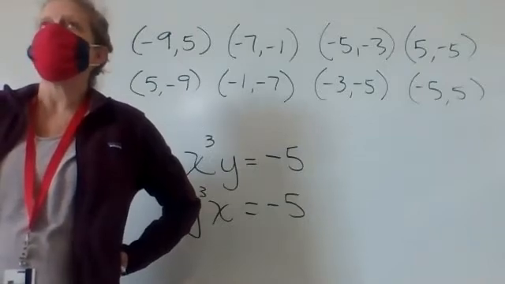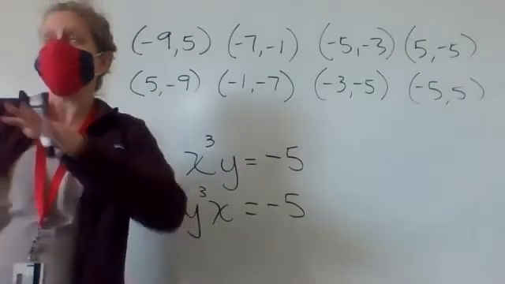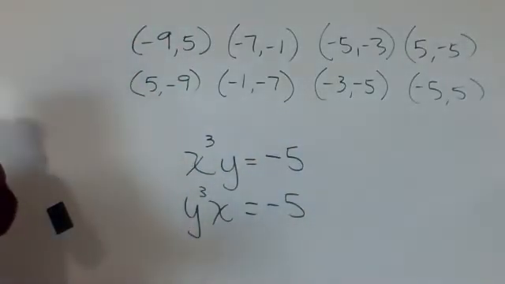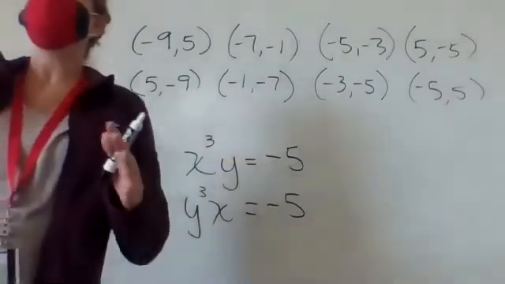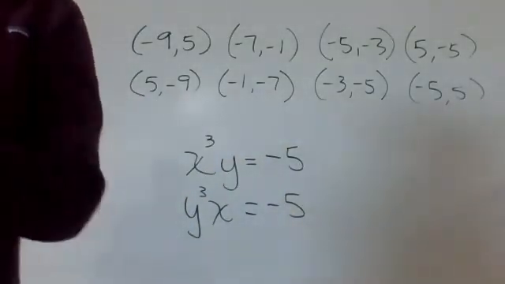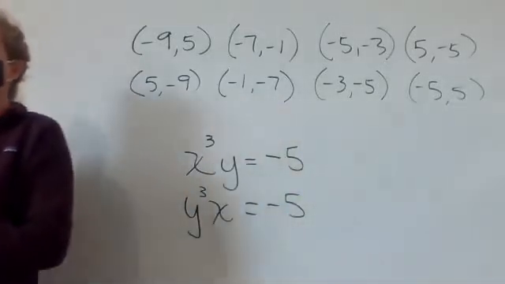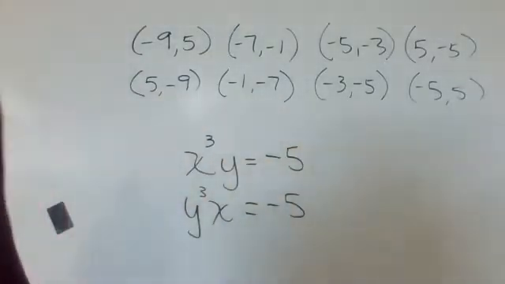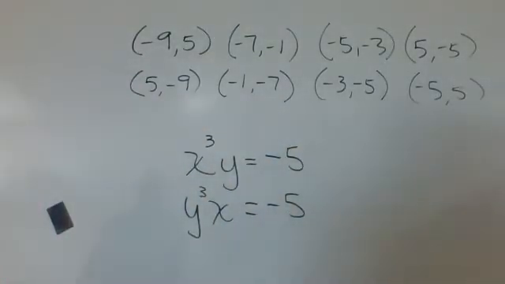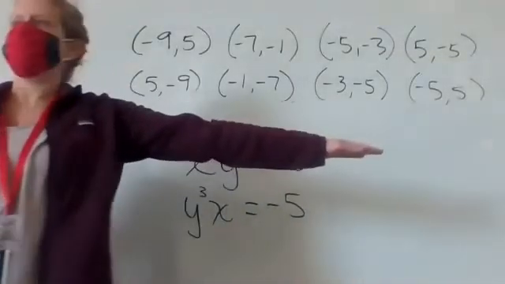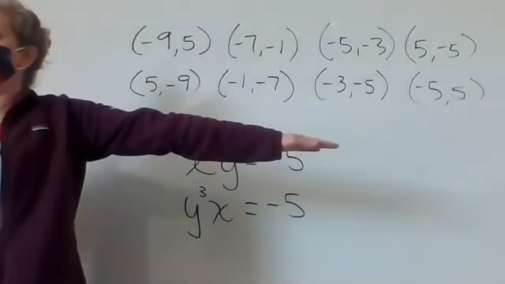What that means is that all the range numbers only correspond to one domain number. The test you use for that is the horizontal line test, right? And horizontal lines are lines like this.